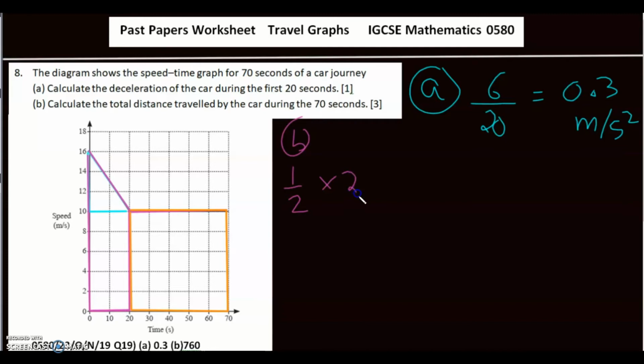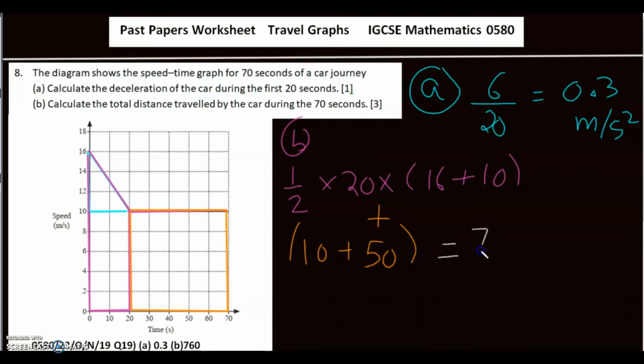So height is 20 times sum of parallel sides. This side is 16 and the other parallel side is 10 units. And then plus area of the other rectangle, which would be length times width. The length is 10 units, and the width is 70 minus 20, which is 50. Find this product, which would be the answer, which should be 760 meters.